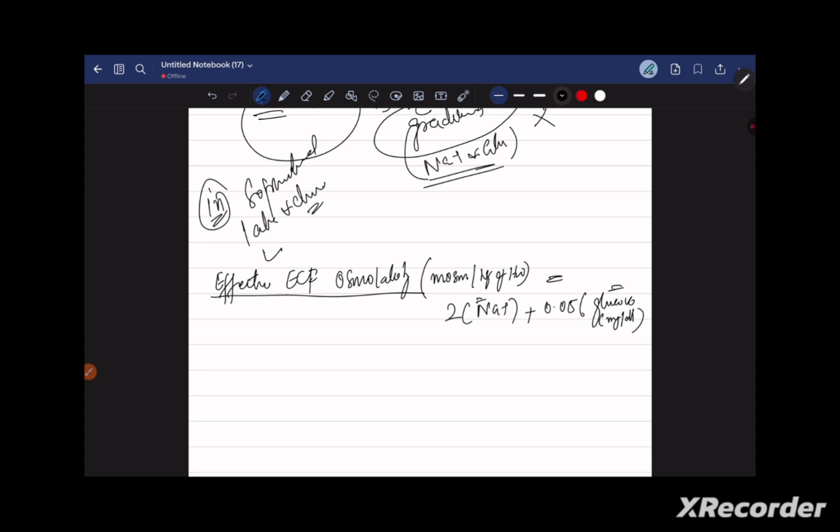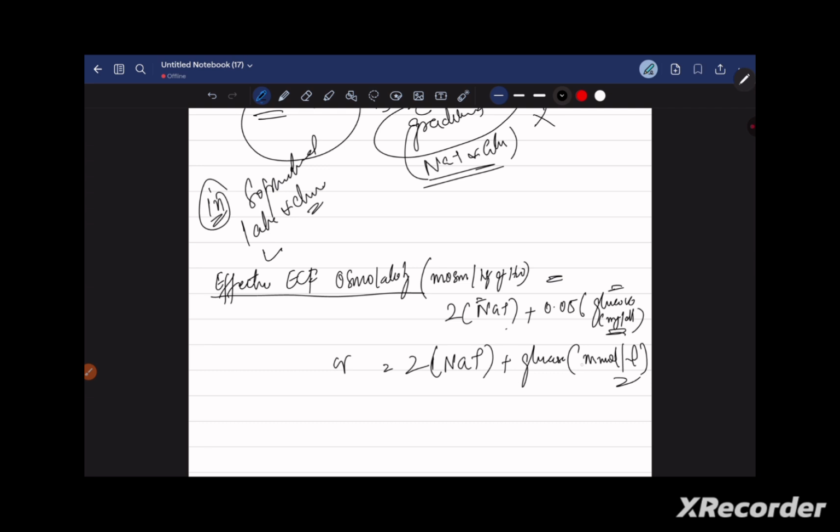This is when the sodium concentration is in milliequivalents per liter. There is another formula: twice the sodium plus glucose, if you have glucose in millimoles per liter. Just remember, if you have glucose in mg per dl, use the formula twice sodium plus 0.05 into glucose mg per dl.